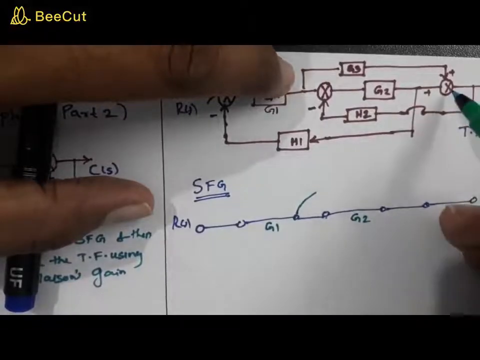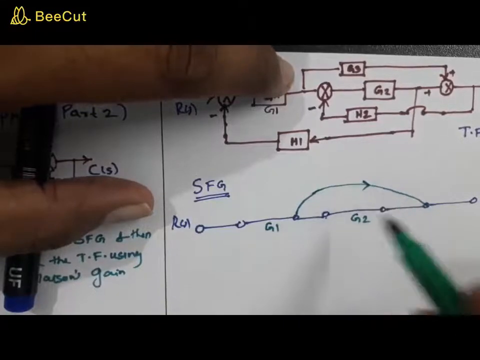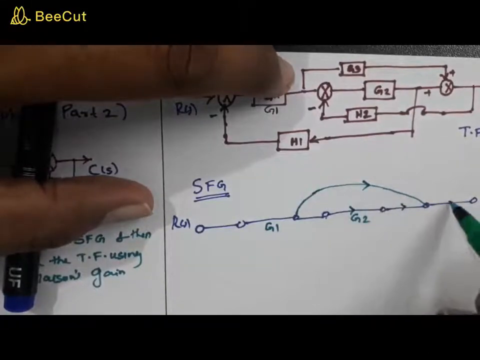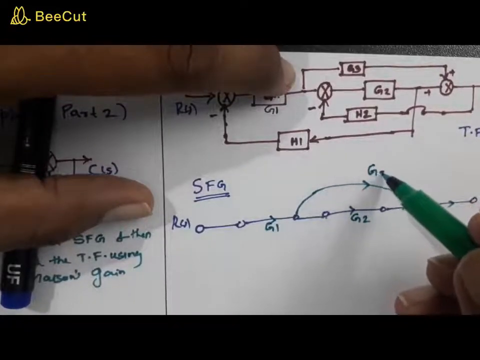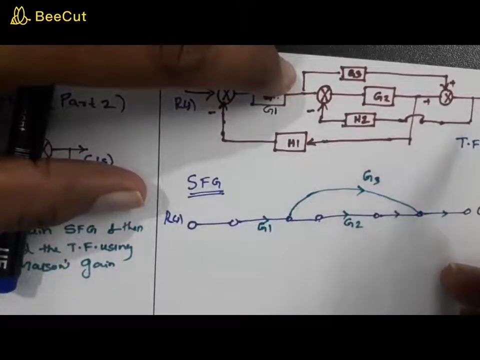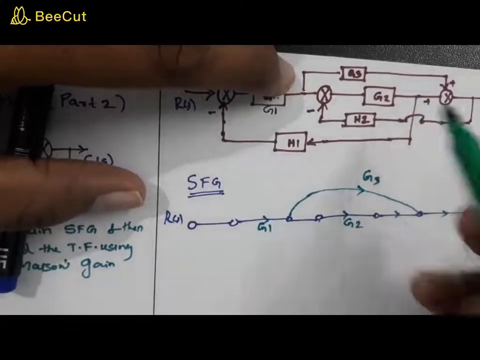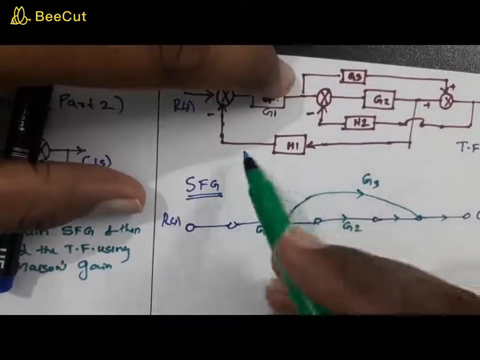So this one represents the summer, so it comes over here, right? Mind you, always put arrows, don't forget to put arrows. So this is your G3, right? Now what all things are to be done again? Look at this. After G2, that is this knot, and from this G2 you have an H1.